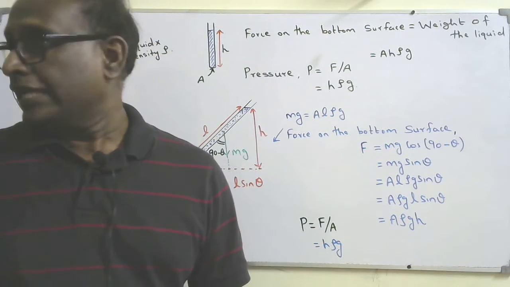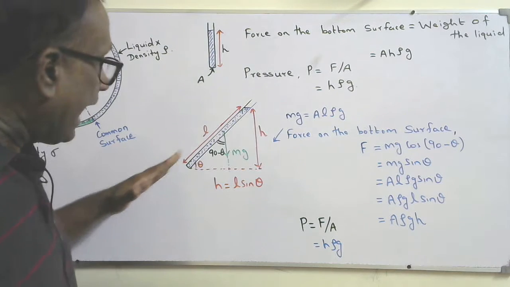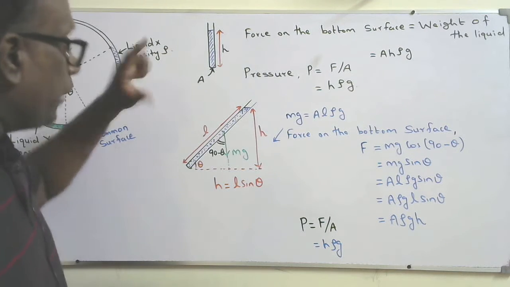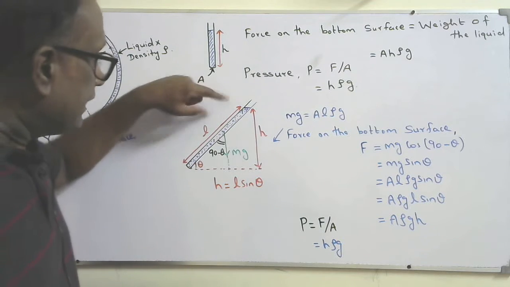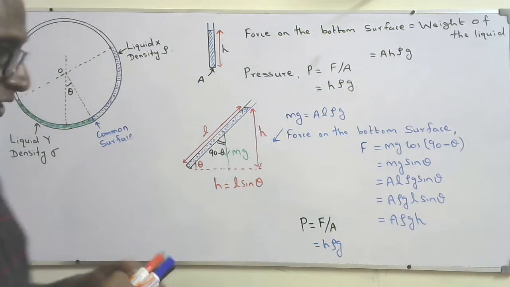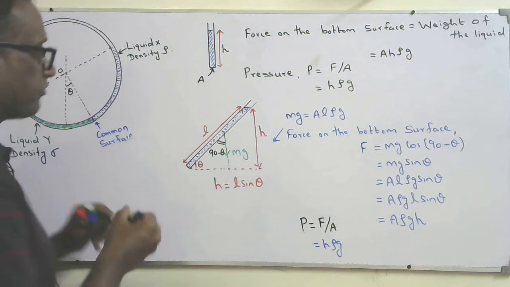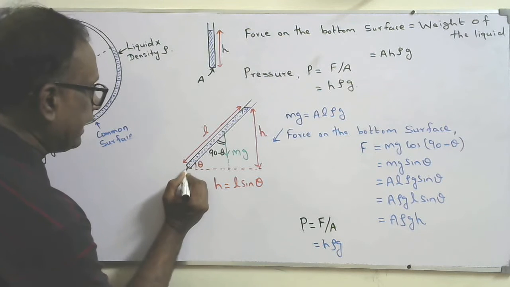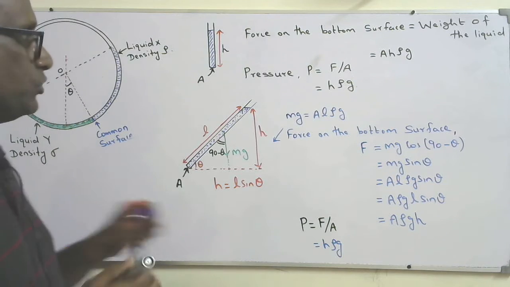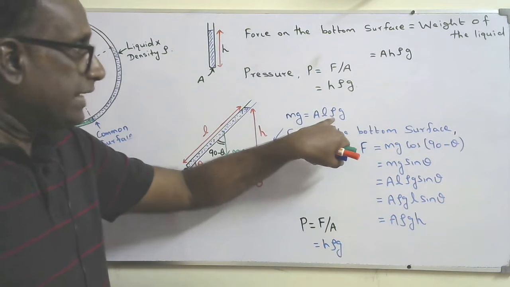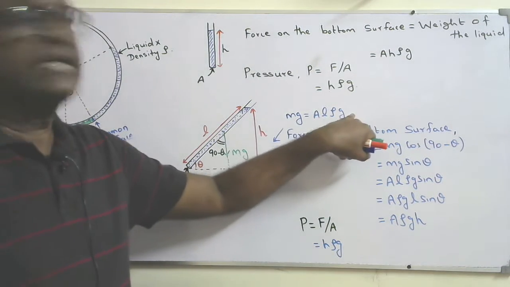Right. Now when you keep the tube at an angle, the weight of the liquid column is given by the length of the liquid column times the area of cross section. If I say the area of cross section is capital A, then A times L gives the volume, times density gives the mass, times g gives the weight.